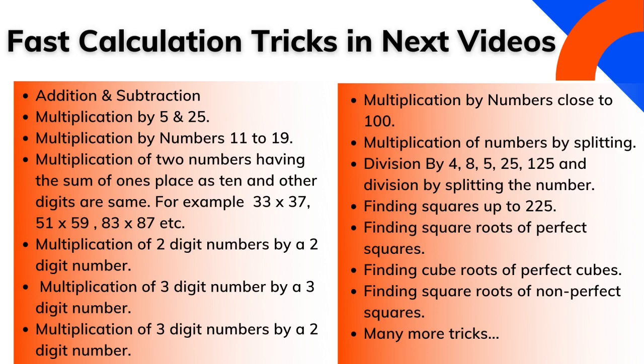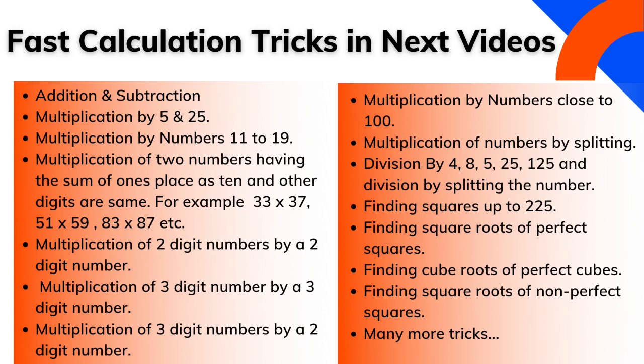Then multiplication of a two-digit number by a two-digit number, a three-digit number by a three-digit number, a three-digit number by a two-digit number, multiplication of numbers close to 100, multiplication tricks by splitting the number.